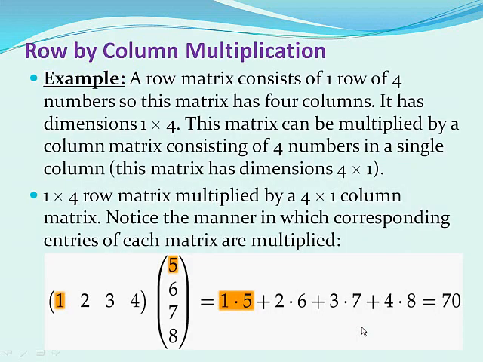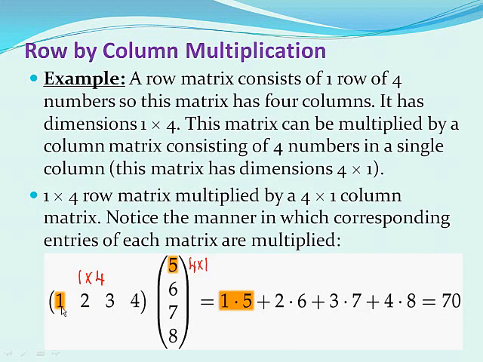Row by column multiplication. If we have a matrix of size 1 by 4, which is a row matrix, and if we have another matrix of size 4 by 1, which will be called a column matrix, we can multiply them this way.